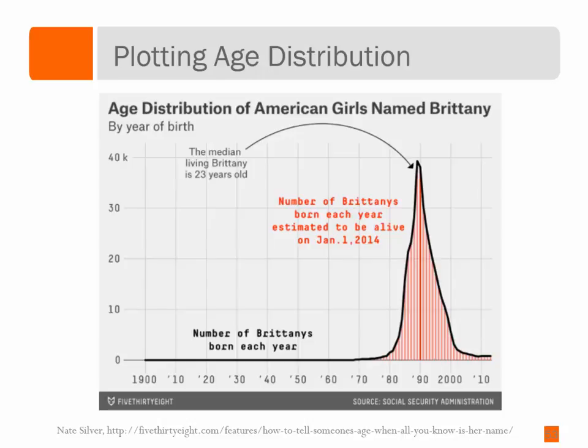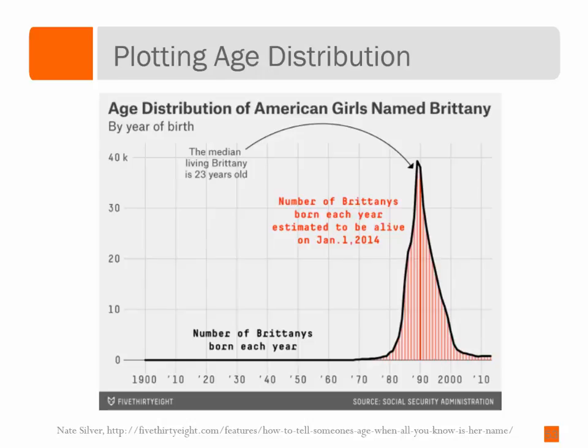But what this distribution does is allow us to see the number of Brittanys that were born each year. So we can see up until probably 1970, 1975, Brittany was not such a popular name. There weren't really any Brittanys until we hit the mid to late 70s, and then we start seeing Brittanys.